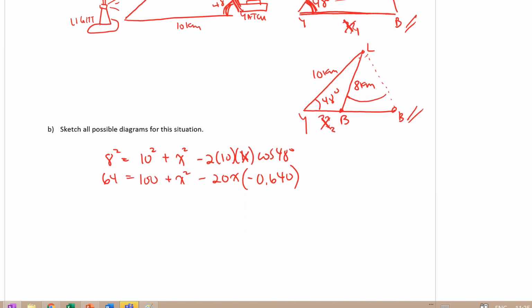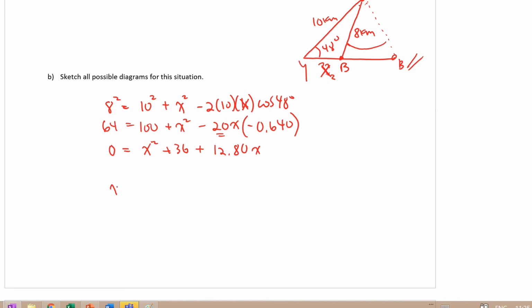Alright, so I'm going to try and simplify all of this. You get x squared, 100 minus 64 is plus 36, and then 20 times 0.64 is 12.80x. And then from this step on, just use the quadratic formula.